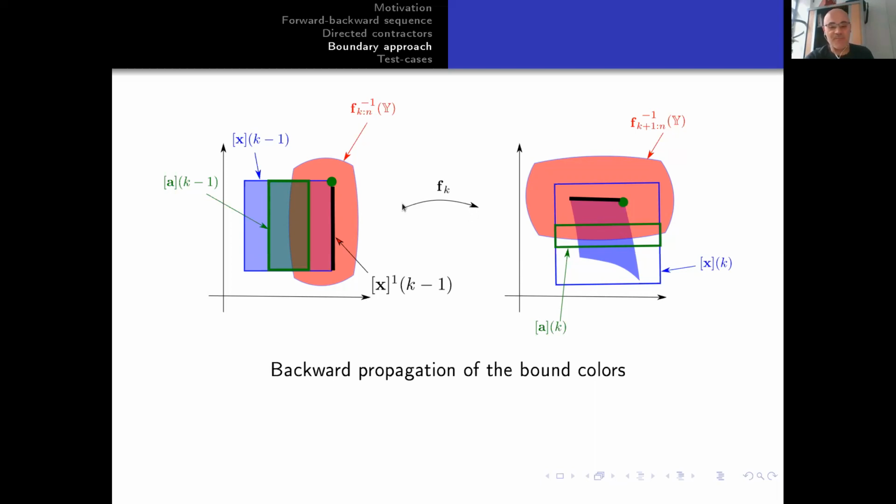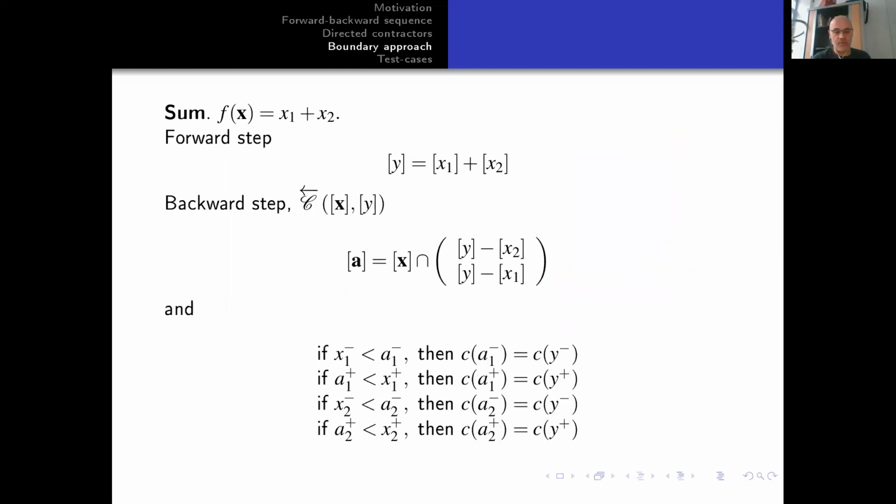Okay, so probably the best now is to give an example with a sum only. I have my function f, which is given by the sum. The forward step does not deal with any colors, but the backward step is the same as we use classically, but here without any computation, only with comparison of the bounds, we are able to inherit from Y into the A box the colors, like this.